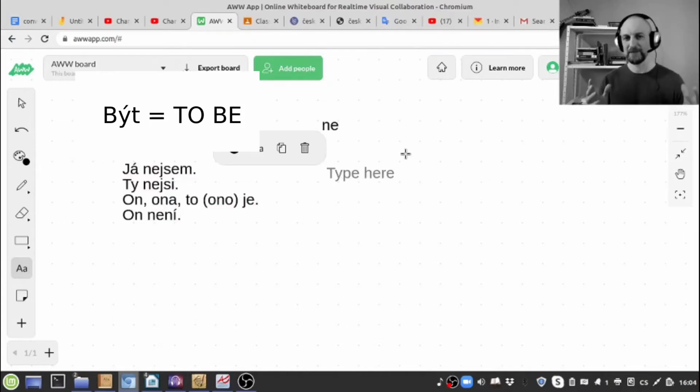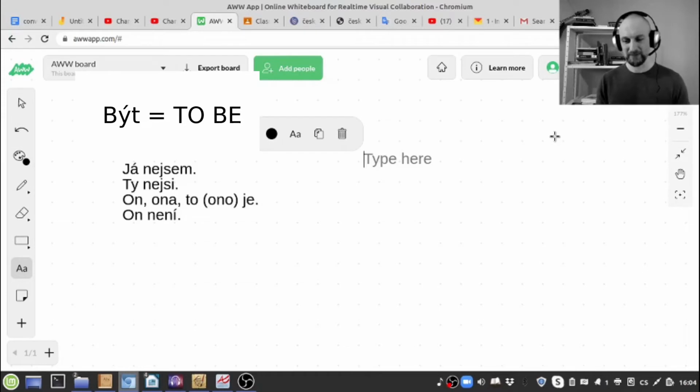What gets a little bit more complicated is past tense. For the past tense, what we need is the past participle of to be, and that is byl. You have to remember that we are going to work with byl the whole time that we are talking about the past tense of být.